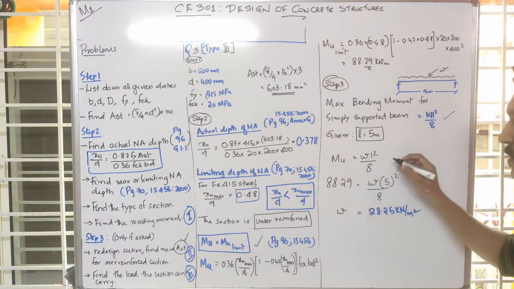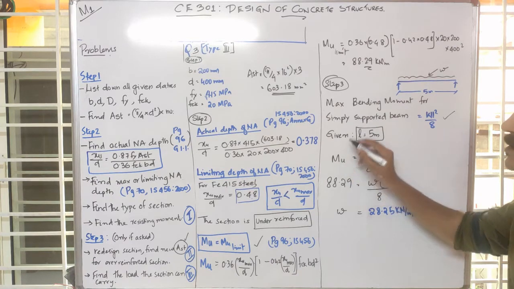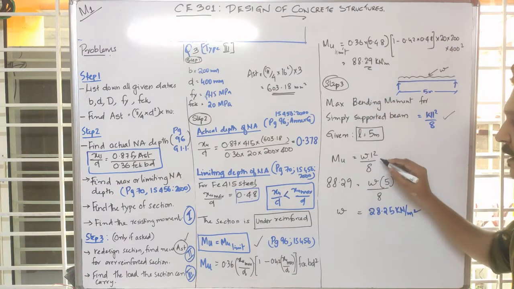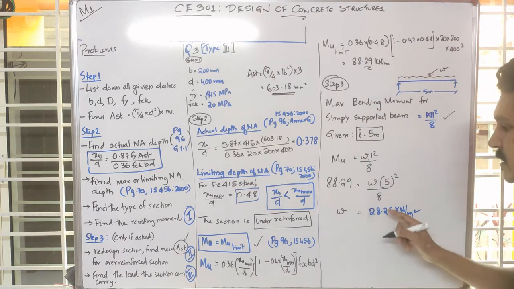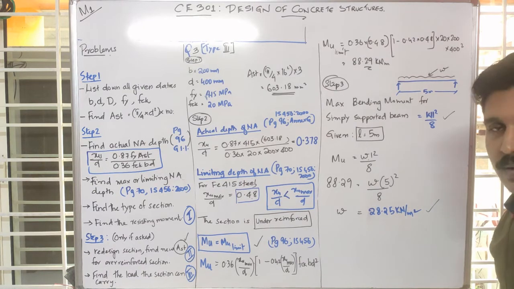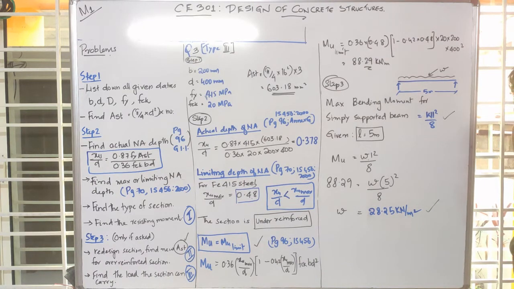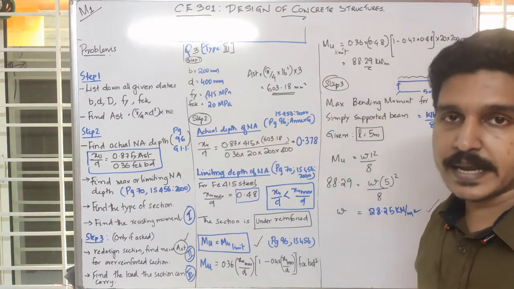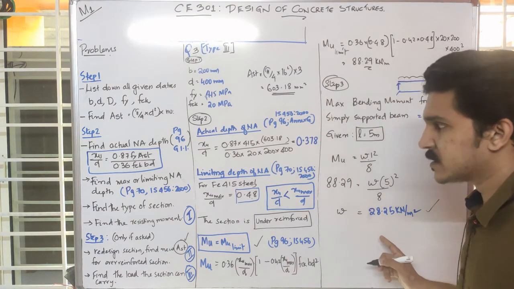So we substitute the maximum limiting moment here and the 5 meter span here. Then we get the maximum UDL value as 22.25 kN per meter as the maximum UDL this particular section can take. So hope you understand this question.